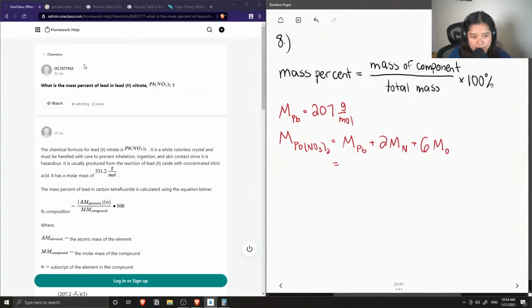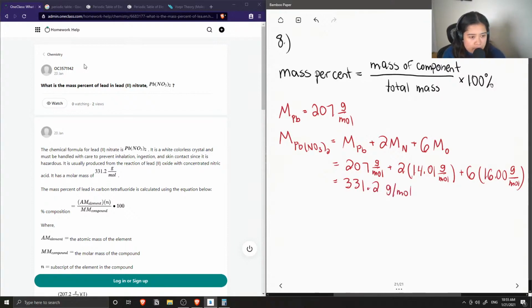We know the molar mass of lead was 207 grams per mole, the molar mass of nitrogen is 14, and the molar mass of oxygen is 16. Adding all these values up, we get a total molar mass of 331.2 grams per mole, and this is for lead nitrate.